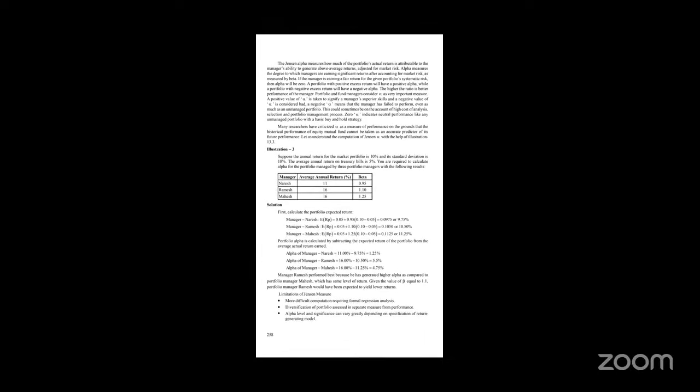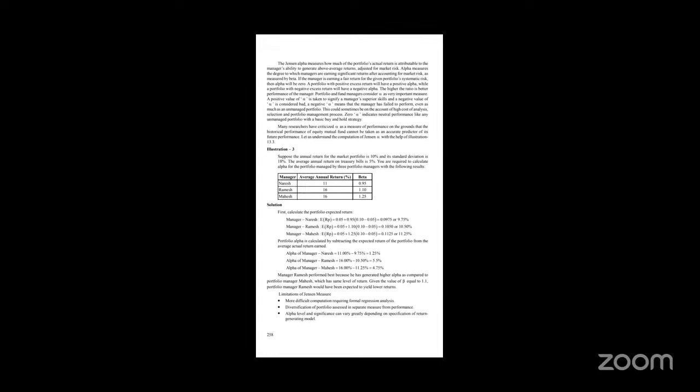With the help of an example, the annual returns of the market portfolio is 10%, the standard deviation is 18%, and the treasury bills is 5%. With this information, you have to evaluate the Jensen's alpha. The managers are Naresh, Ramesh and Mahesh, and the average returns are 11%, 16%, 16% and the beta values are 0.9 and so on.